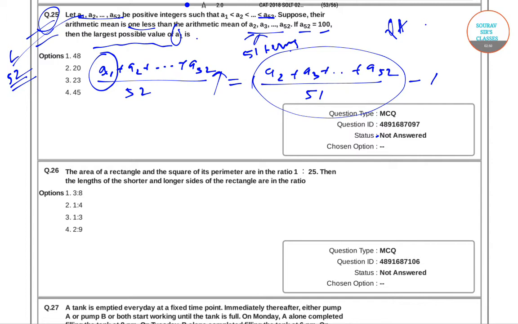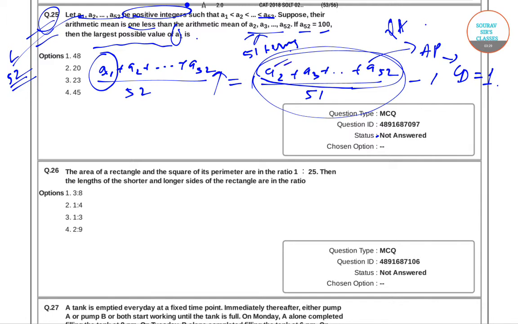Also, they are all positive integers. So if this entire number has to be maximum, then a2 plus a3 up till a52 has to be maximum. This can only be maximum if we consider an arithmetic progression with common difference equal to 1. If the common difference is equal to 1, then we can get a maximum value of this structure.